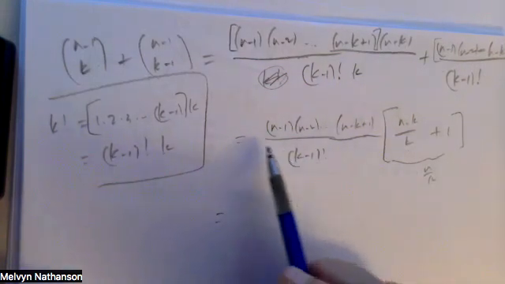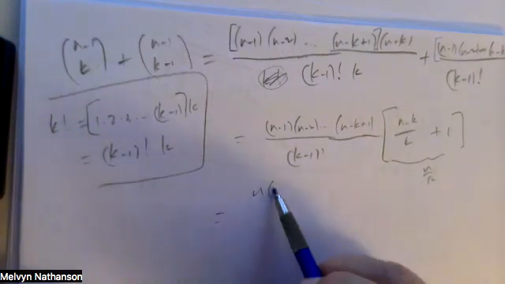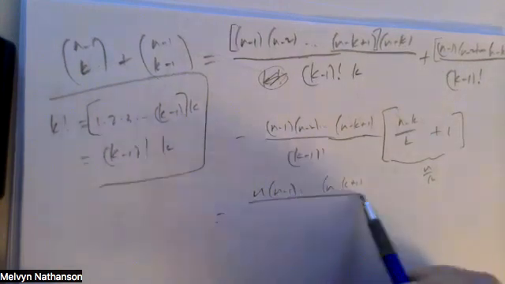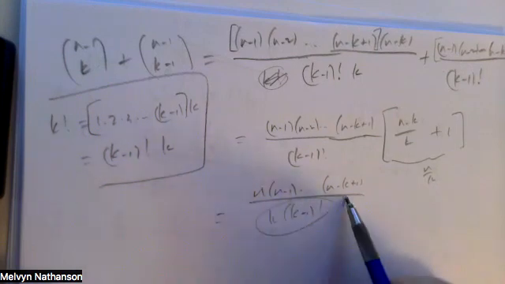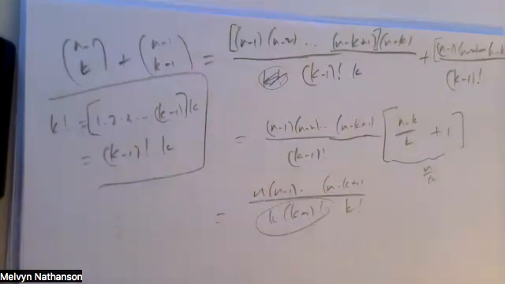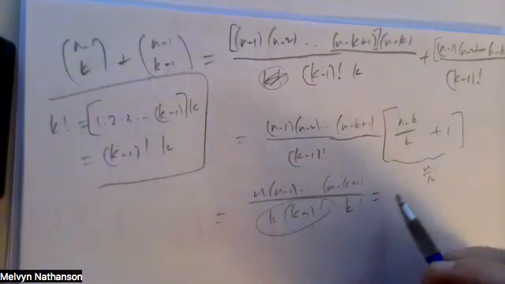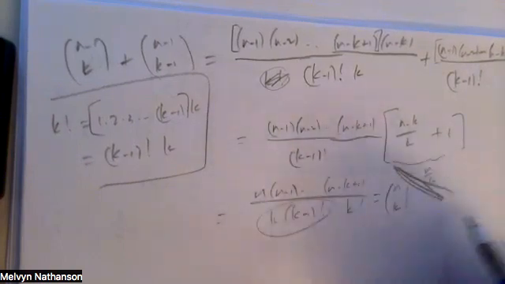So I have this times n over k. So I have n times n minus 1 down to n minus k plus 1 over k times k minus 1 factorial, which is the same as k factorial. And you see this is exactly the definition of the binomial coefficient n choose k.